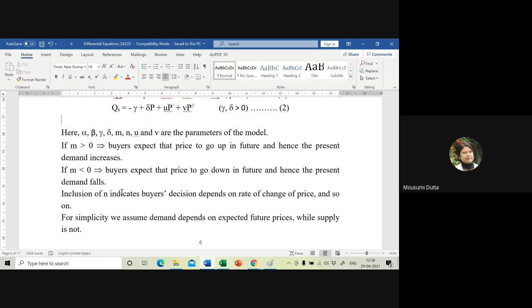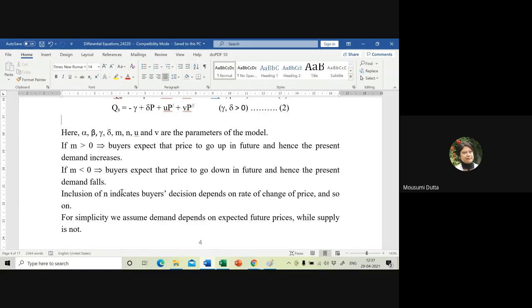Okay, so here we are talking about the price. There may be different types of external shocks in the system. For simplicity, we assume to begin with that demand depends on expected future prices while supply does not.